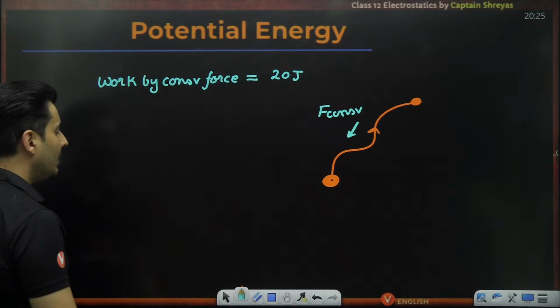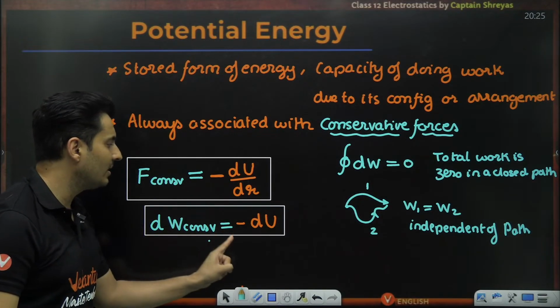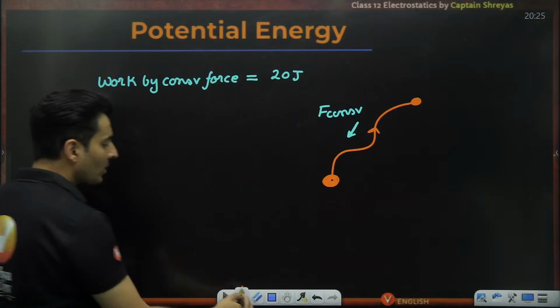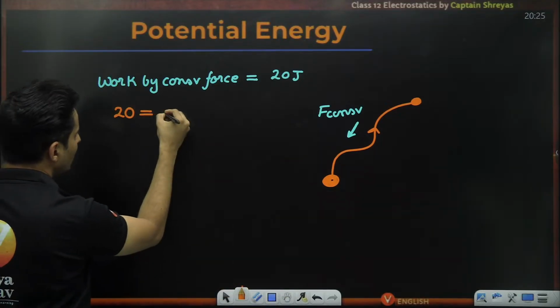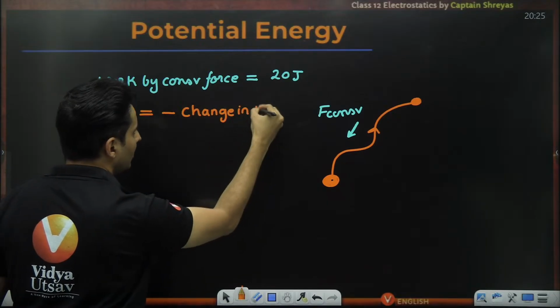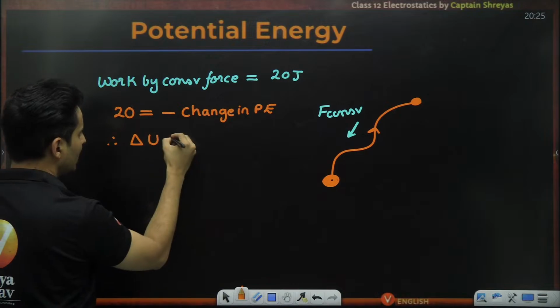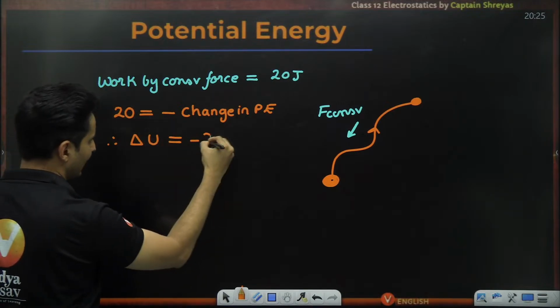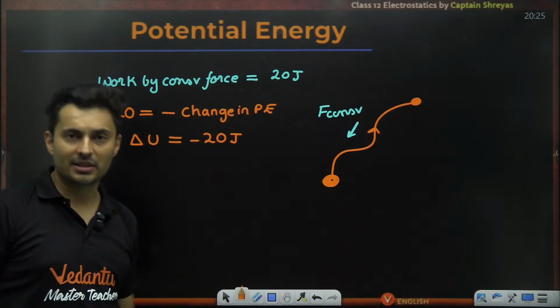If it is 20 joules, remember, whatever is that work done by the conservative force is the negative of dU. That means that 20 joules is also the negative of the change in potential energy. Therefore, the change in the potential energy is minus 20 joules. That is how it works.